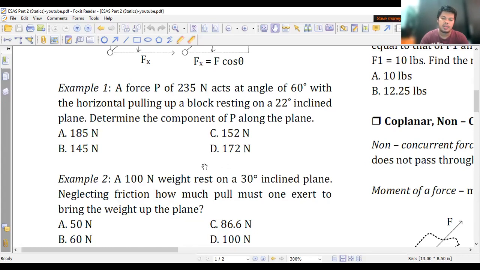We have a 235 Newton force acting at an angle of 60 degrees with the horizontal, pulling up a block resting on a 22-degree inclined plane. We are asked to calculate the component of P along the plane.